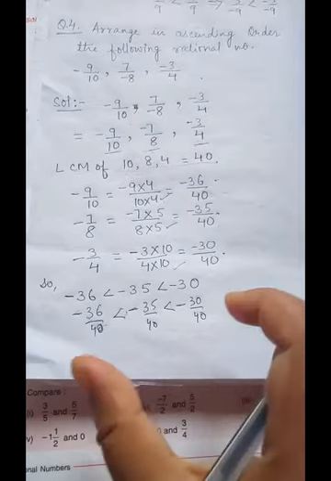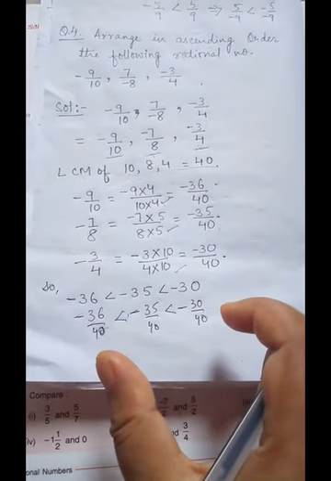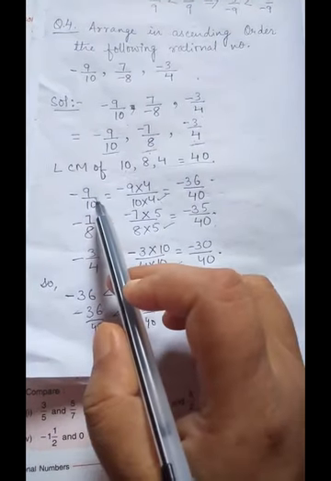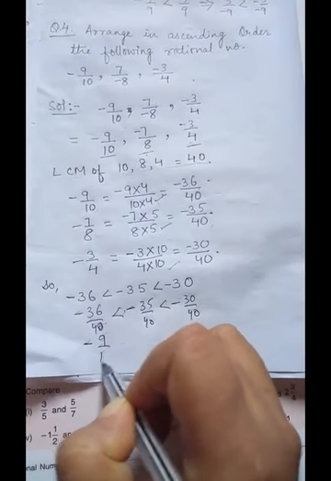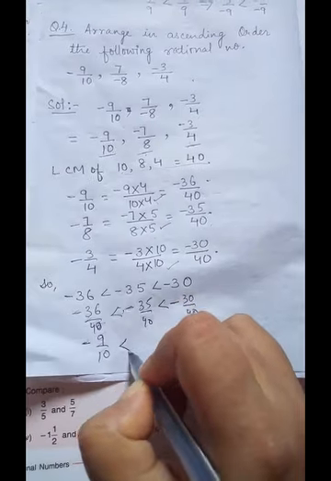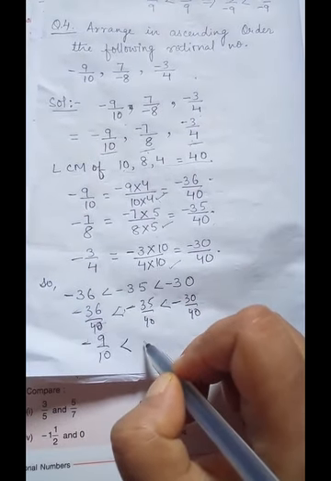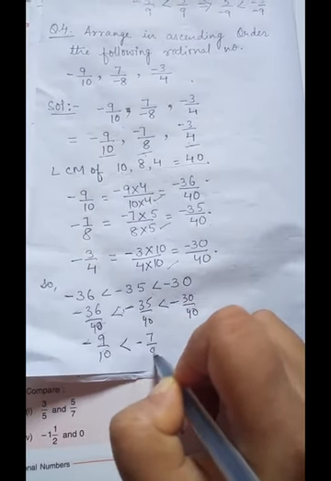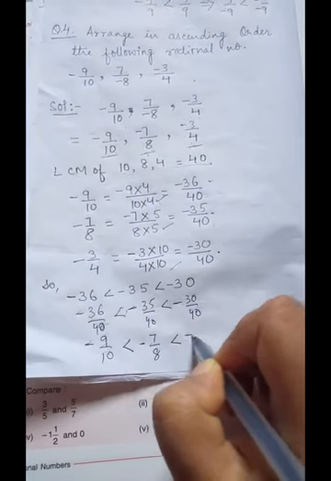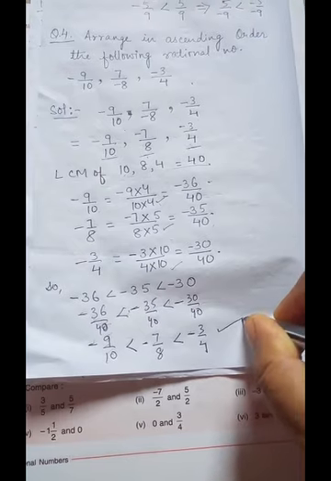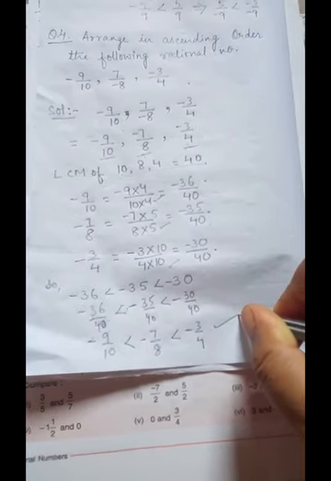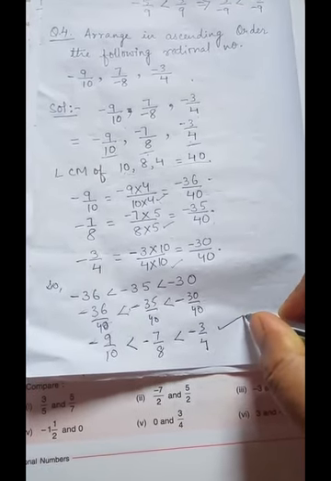So this is the ascending order. Now we will write the true rational numbers over here. This is minus 9 by 10 is less than minus 7 by 8, which is less than minus 3 by 4. So this is how you have to arrange in ascending order. You should try the other given questions in your exercise.